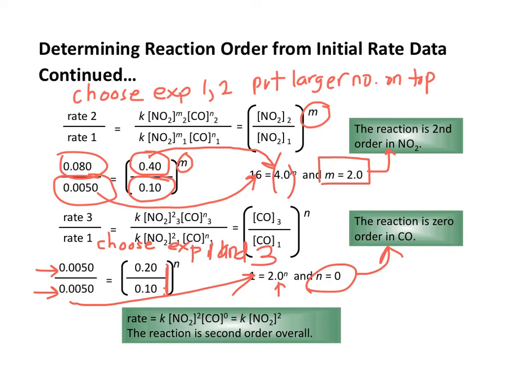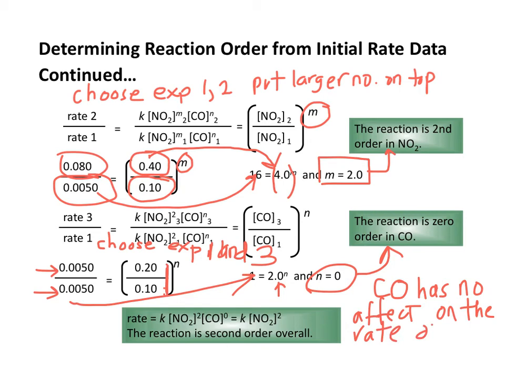What that means is that CO has no effect on the rate of reaction. So in this case, carbon monoxide doesn't play any role in how fast this reaction will go.